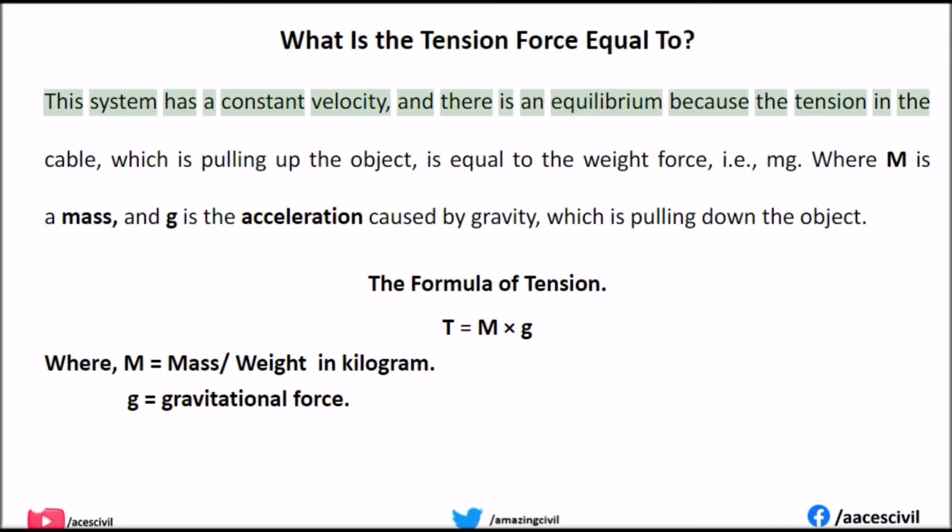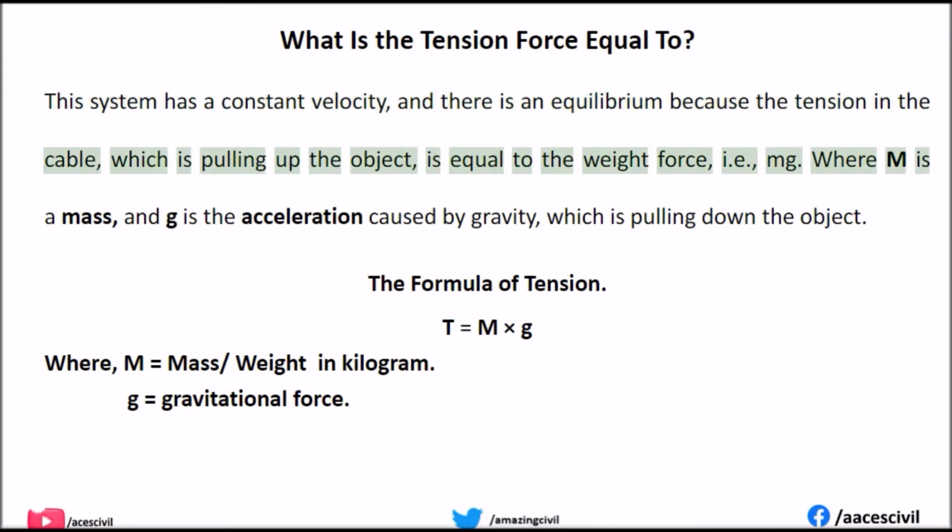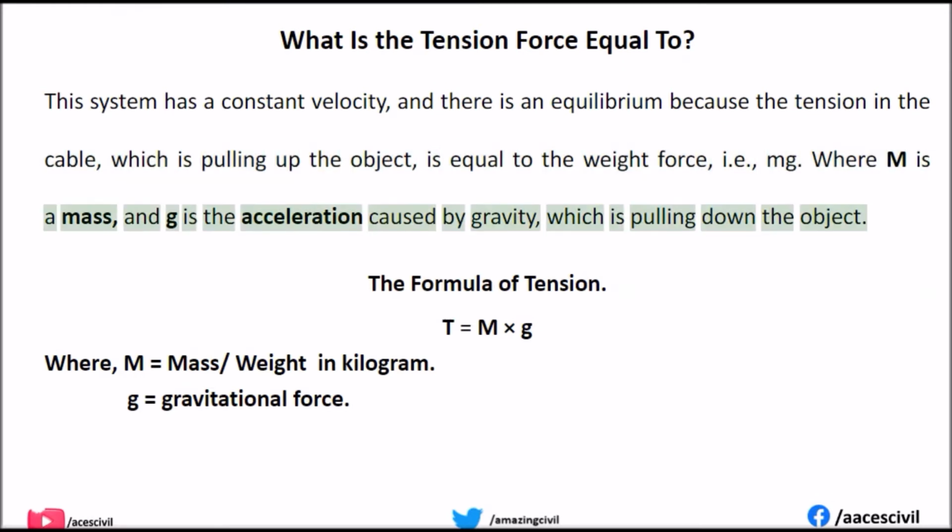What is the tension force equal to? This system has a constant velocity, and there is an equilibrium because the tension in the cable, which is pulling up the object, is equal to the weight force, i.e., mg, where m is the mass and g is the acceleration caused by gravity, which is pulling down the object.